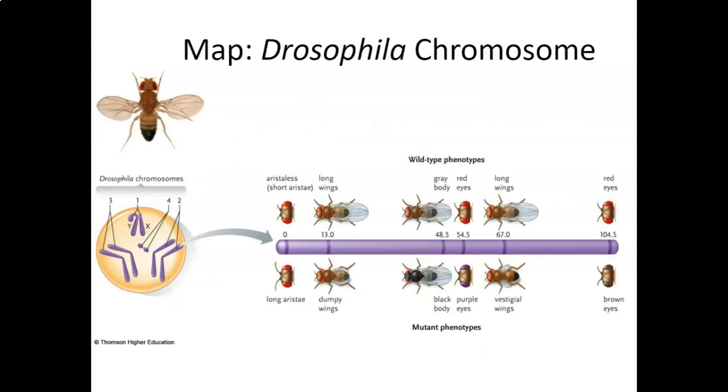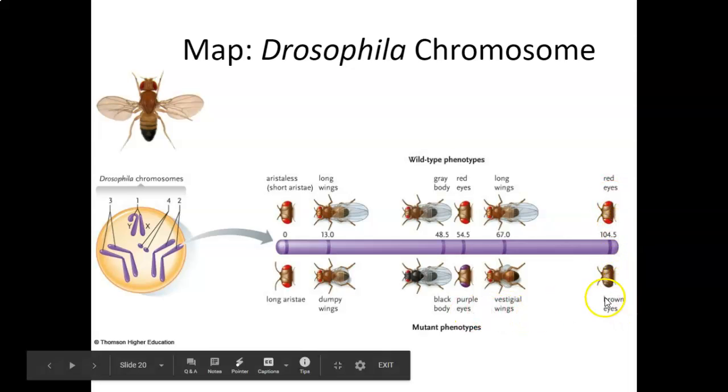Okay, and then our last bit, in relation to this, is this Drosophila chromosome. So you can see on this chromosome, when we bring it out, we have the Aristopedia, which is like their antennas almost, the wing gene, the body, the eye color, the wing length, and another bit of eye color, whether it's brown or purple would be your mutants here, okay?